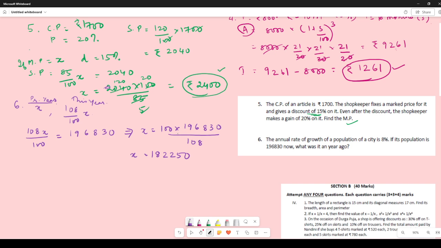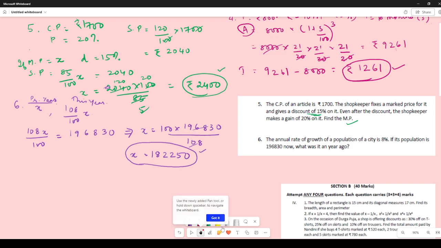Got that? Both of them are divisible by 9. So you do the mathematics, I will not take up the time over here. So the previous year's population was 182250. So this should be the correct answer.